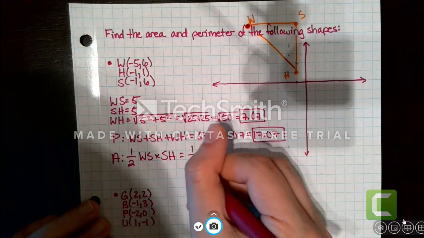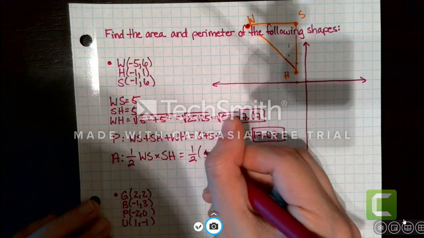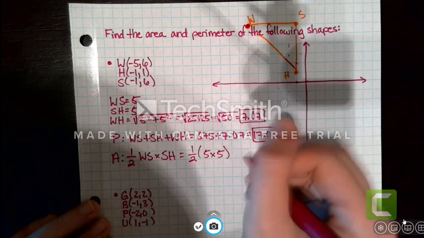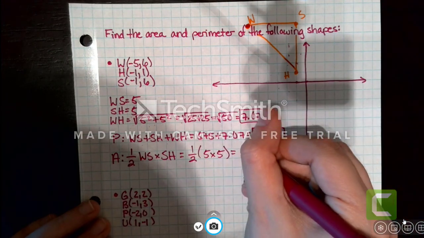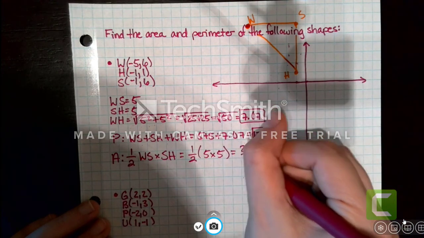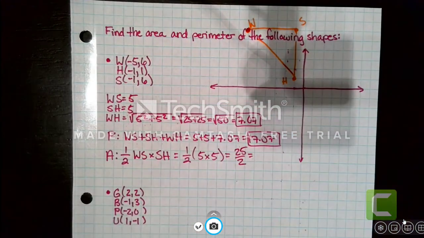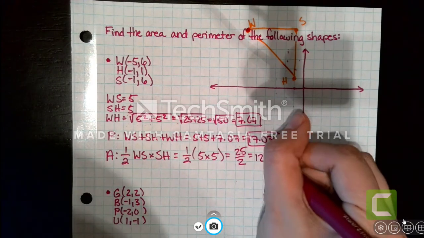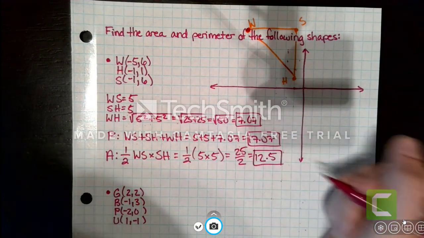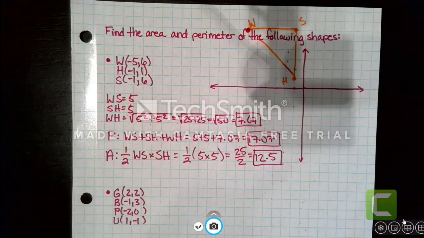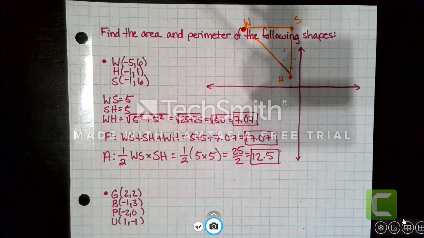So 1/2 of 5 times 5, which means you have 25 divided by 2. 25 divided by 2 is about 12.5 for the area. This one, again, is easier than the last triangle one we did.